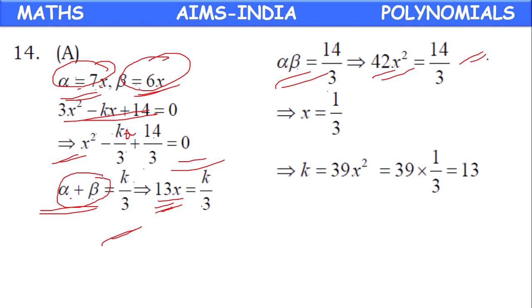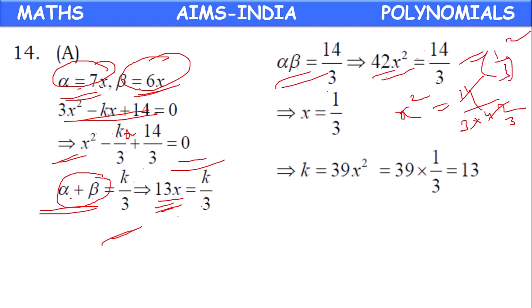So if we solve this, 42 will come down, x square equal to 14 by 3 into 42, which means 1 by 3 whole square.